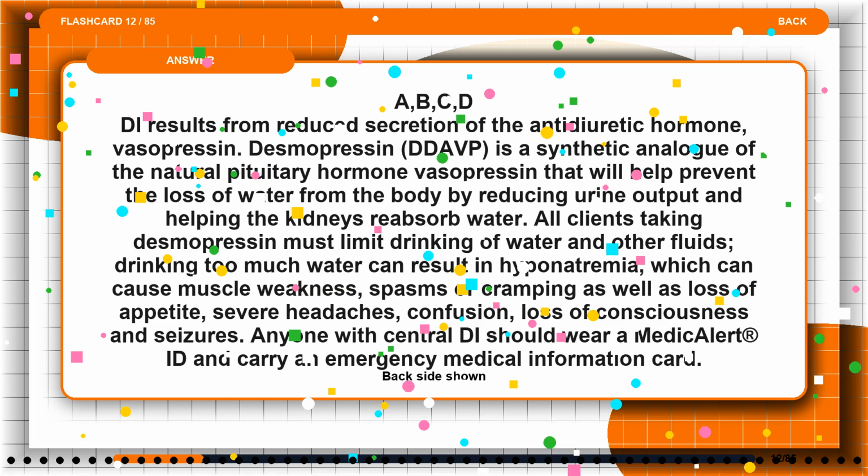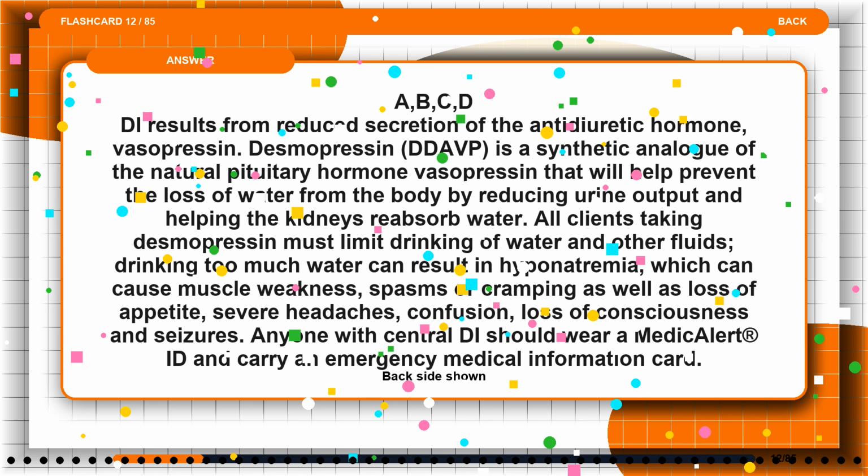The answer is A, B, C, D. DI results from reduced secretion of the antidiuretic hormone, vasopressin. Desmopressin, DDAVP, is a synthetic analog of the natural pituitary hormone vasopressin that will help prevent the loss of water from the body by reducing urine output and helping the kidneys reabsorb water. All clients taking desmopressin must limit drinking of water and other fluids.